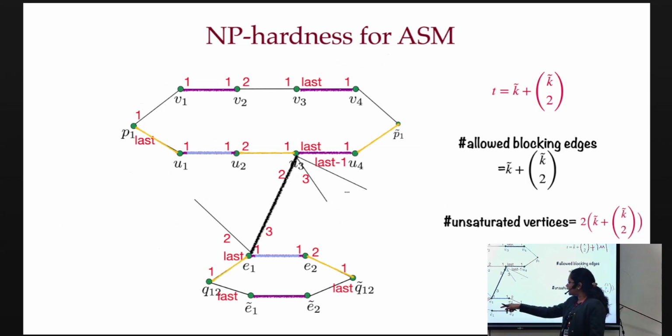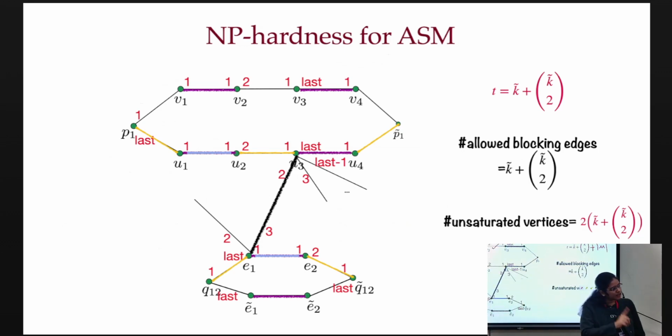But, and let us say you augment here, right, but you did not augment on U3, correct. You did not augment on U3, but you augment on some path in the first, corresponding to first color class, right. What does it mean? You, let us say, augment on this path, right.